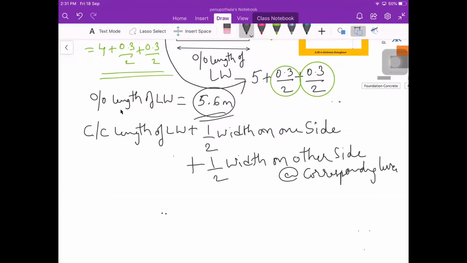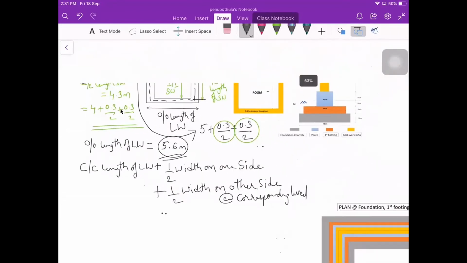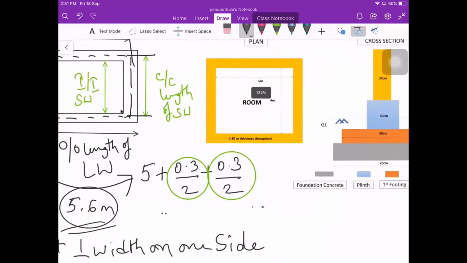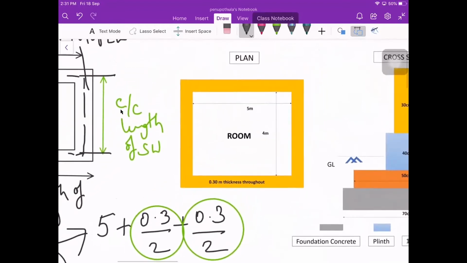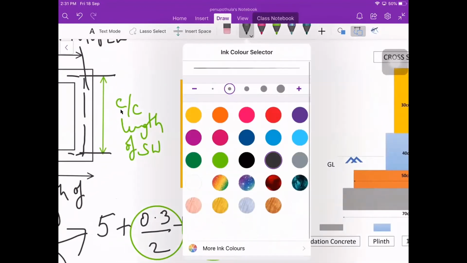So what does corresponding level mean? Here we are considering the plan at what stage?